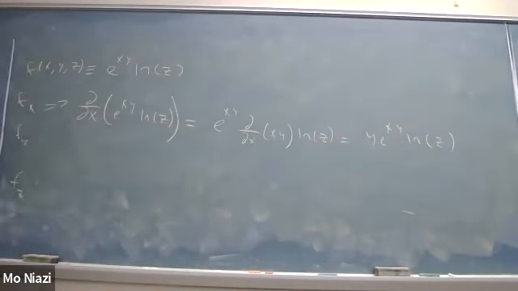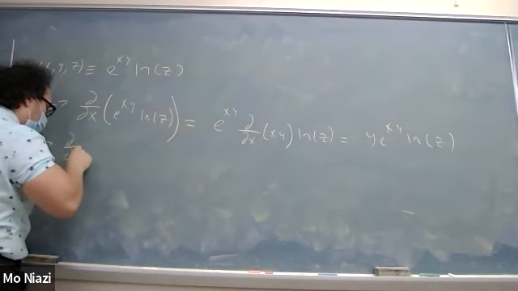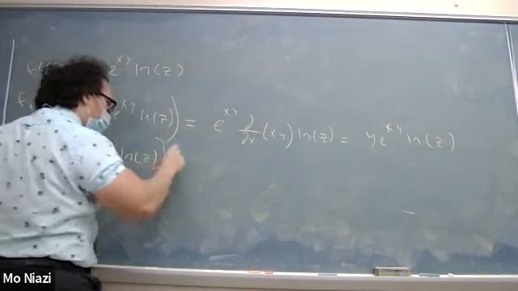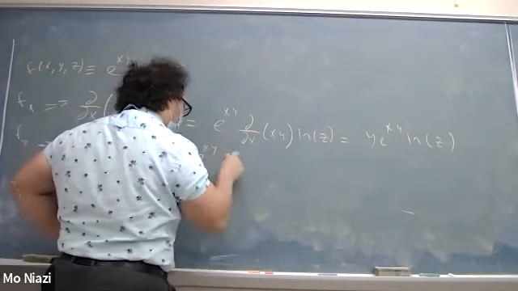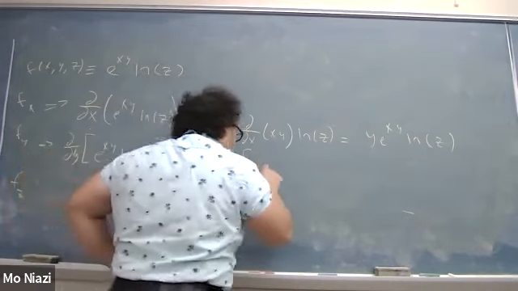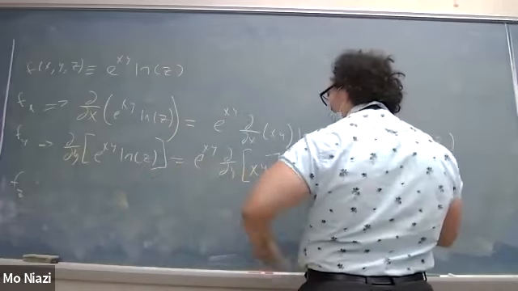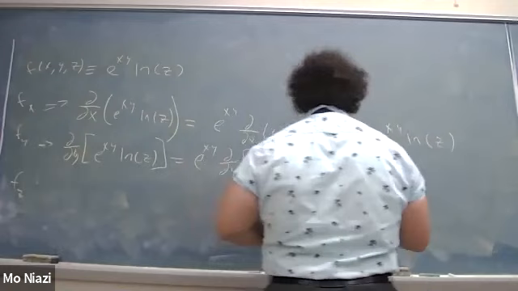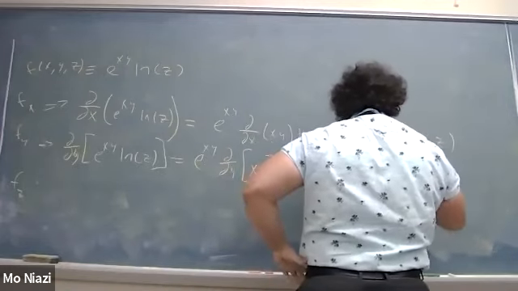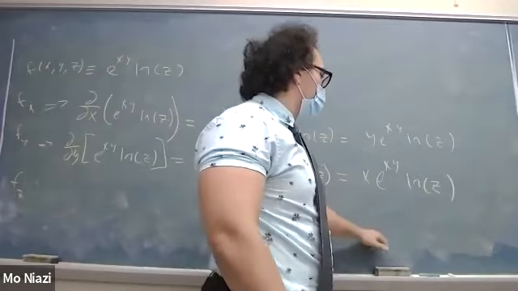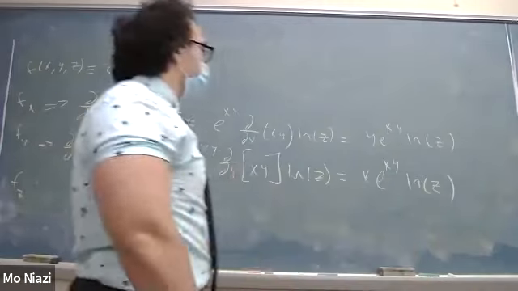Partial x thinks ln of z is just a constant. Partial y of xy, it perceives that that's just x. Partial y perceives ln of z as just a constant.